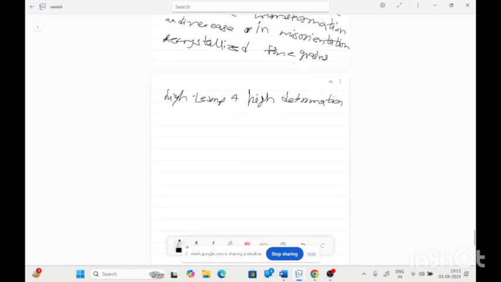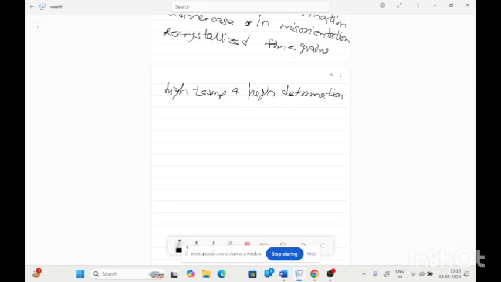The rearrangement of dislocations into low angle grain boundaries is called dynamic recovery. So the recovery process during hot deformation is called dynamic recovery, meaning the formation of low angle grain boundaries due to the rearrangement of dislocations.